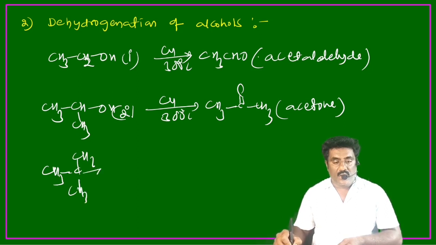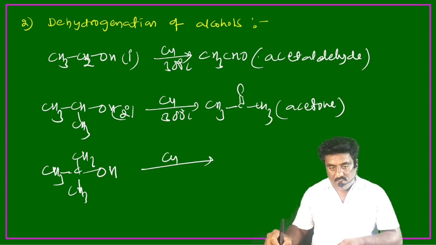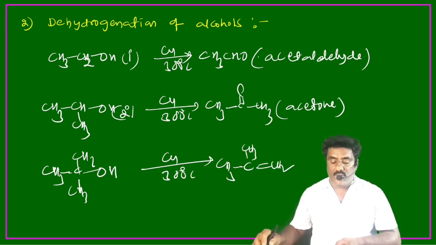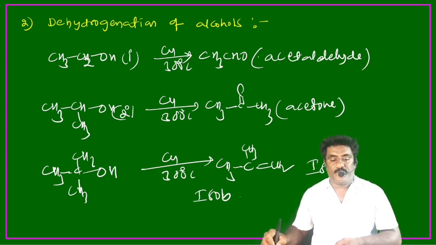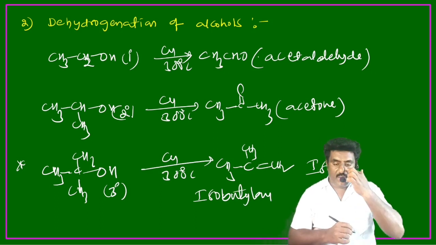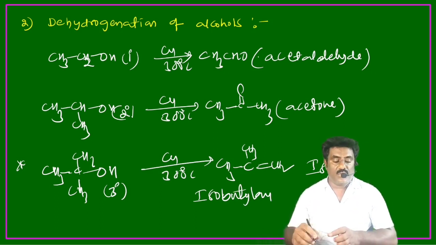Tertiary alcohol in presence of copper at 300 degrees Celsius gives alkene. That is isobutylene. Yes, remember, tertiary alcohol in presence of copper gives alkene.